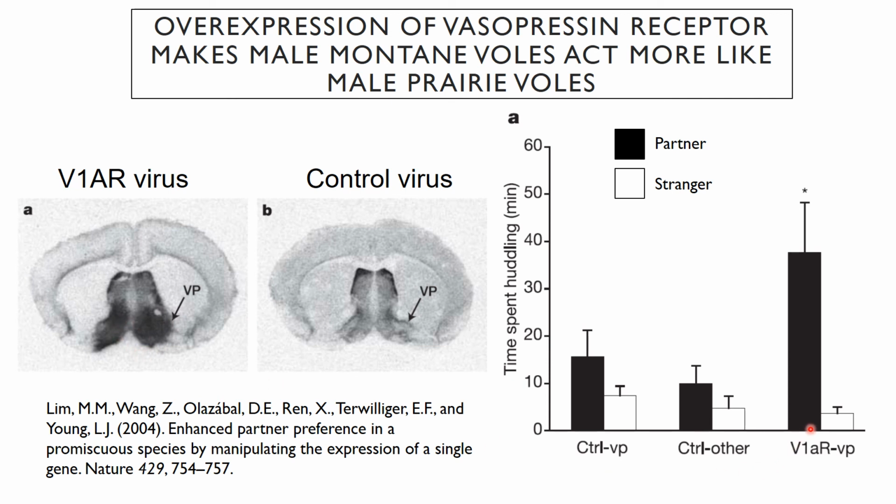And you can see that these montane voles spend a lot more time with their partner when they have been injected with the vasopressin receptor. So you can make a montane vole act like a male prairie vole by forcing the parts of the brain that express this receptor, the vasopressin receptor, to make the receptor.